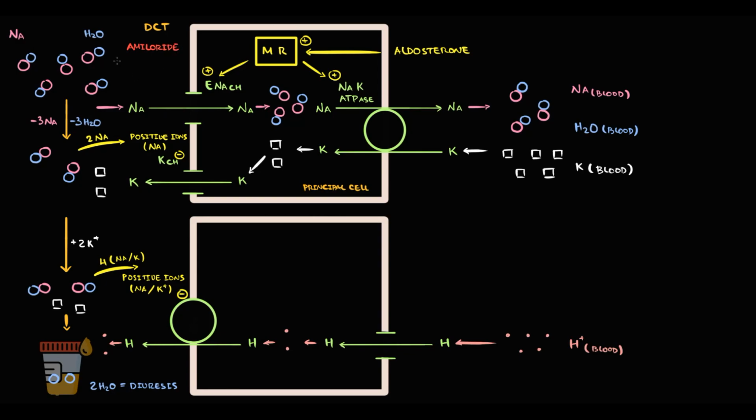When we prescribe Amiloride or Triamterene, they block sodium channels. With blockage of sodium channels, sodium and water reabsorption becomes impossible. With decrease in amount of sodium ions in the principal cell, the activity of sodium-potassium ATPase decreases.